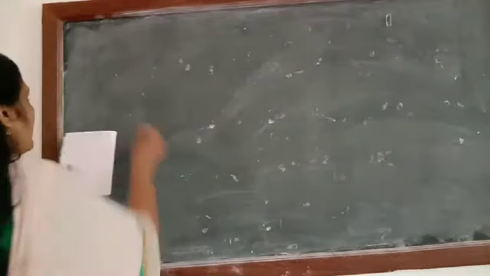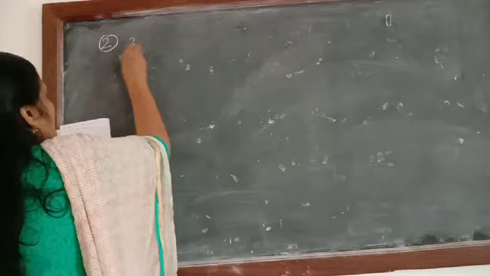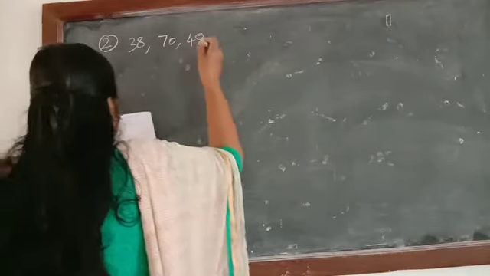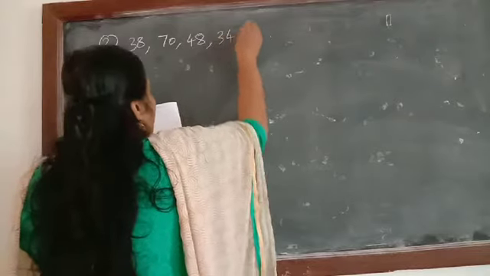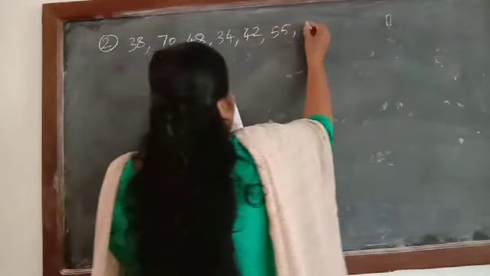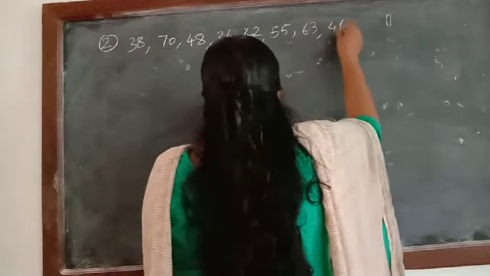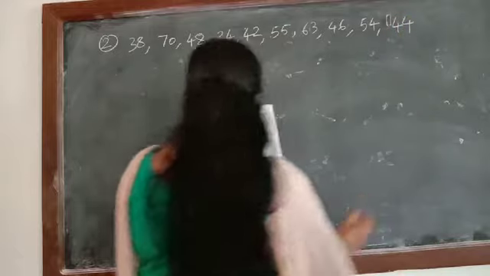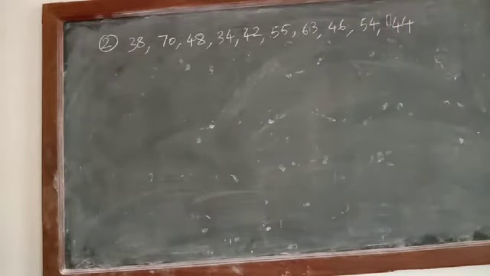Write down question number 2. In question number 2 we have 38, 70, 48, 34, 42, 55, 63, 46, 54, 44. So again, first what we will do? Yes, arrange in ascending order.